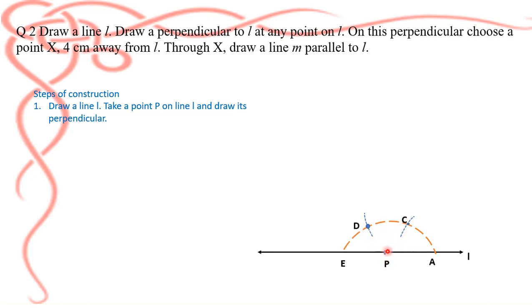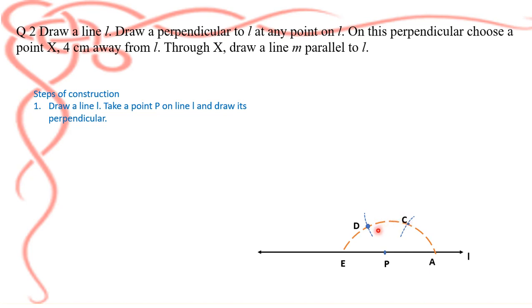Now from this 60 we have to get a 30 degree angle. So for this we bisect this angle DPC. So how to bisect? Open the compass, place the pointer at point D, and for the arc DC, open the compass more than half of this arc DC.